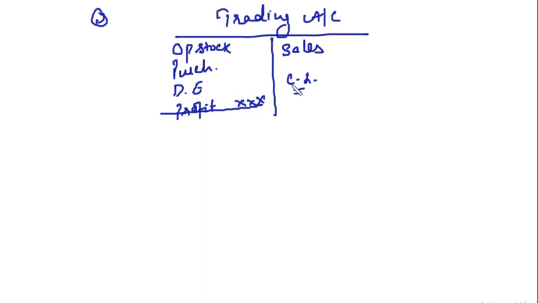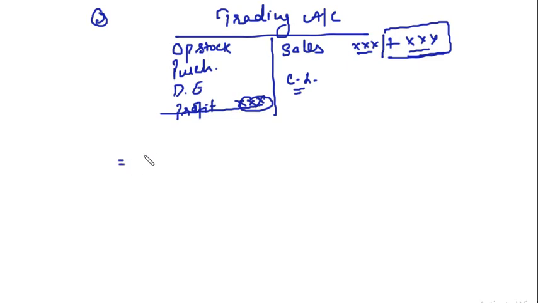I will get the cost of the goods sold. Right? Here the sales have two elements. One is the cost plus the profit. Okay, I leave the profit. I am not considering this. I am saying the profit is 0. Right? So what is the sales? The sales is the cost of the goods sold.